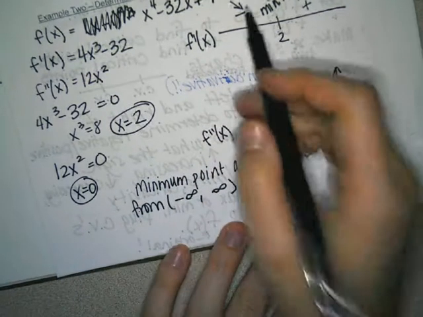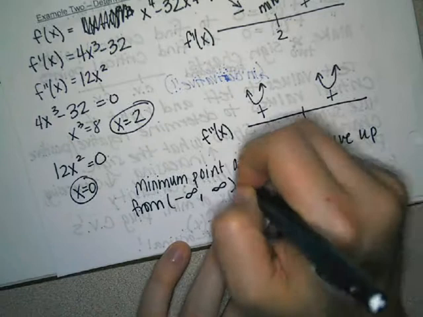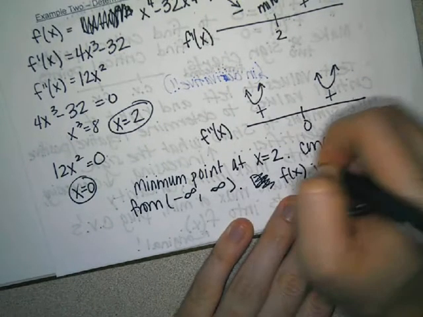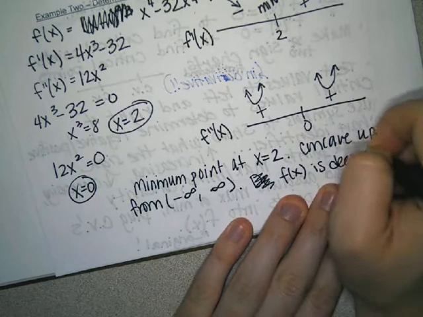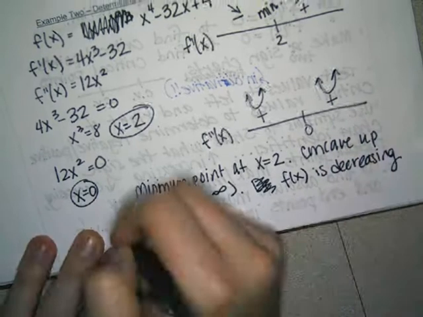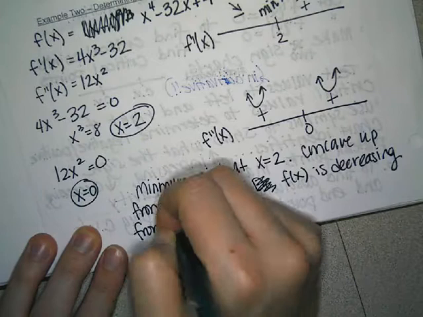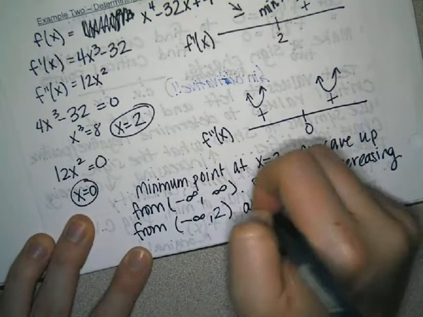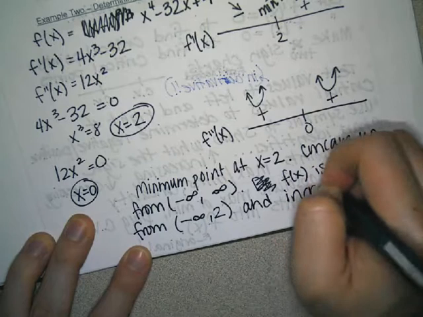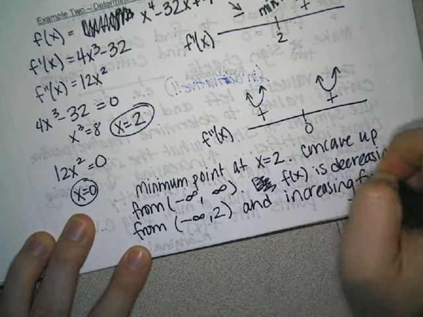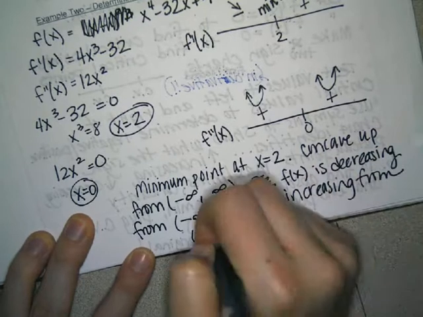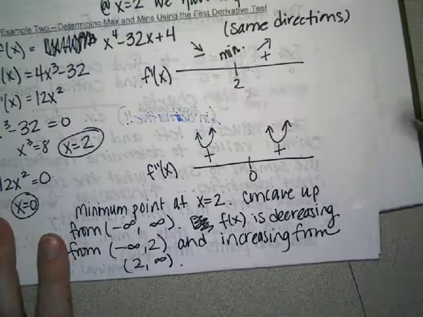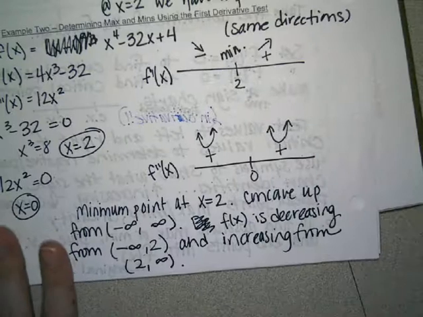And we're going to say f of x is decreasing from negative infinity to 2 and increasing from 2 to infinity. And that kind of summarizes everything that we see in those sign charts there.